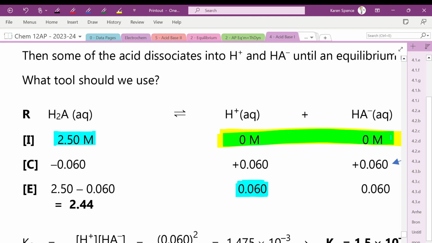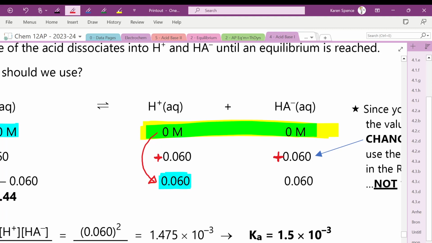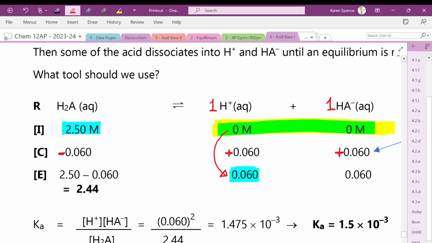And what that's going to allow us to do is we say, in order to get from 0 molar to 0.060 molar, the change had to be plus 0.060. And that means that HA is also going to be plus 0.060 because these are all 1 to 1. Okay? And that means that our reactant is going to have to go down by 0.060 molar.